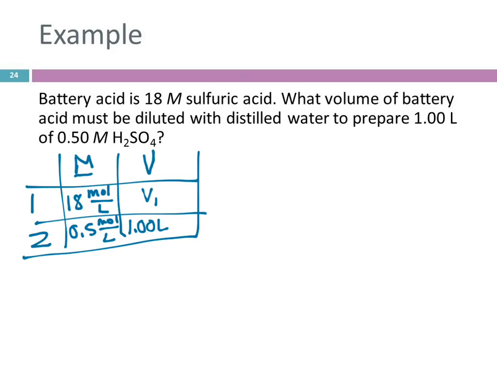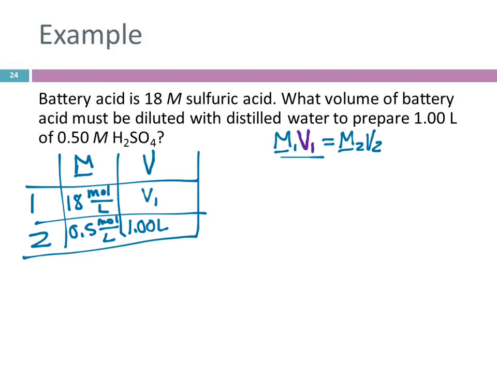So this is V1. Everybody with me? So M1 V1 equals M2 V2. What are we solving for? V1, right? The one we don't know. So V1.